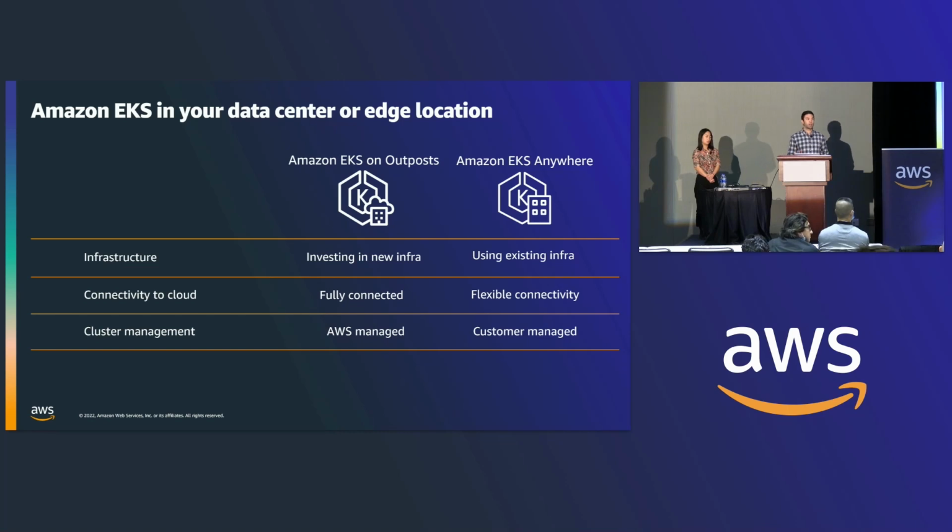That's how we provide a lot of the management of the underlying services and hardware that reside on the Outpost. Whereas EKS Anywhere has flexible connectivity. You can connect it to the cloud with the EKS connector that Nate was talking about previously, or you could not connect it at all. We've seen a lot of customers that want to go with EKS Anywhere actually still want to run completely isolated from the cloud in general for a number of reasons, but EKS Anywhere offers that flexibility.